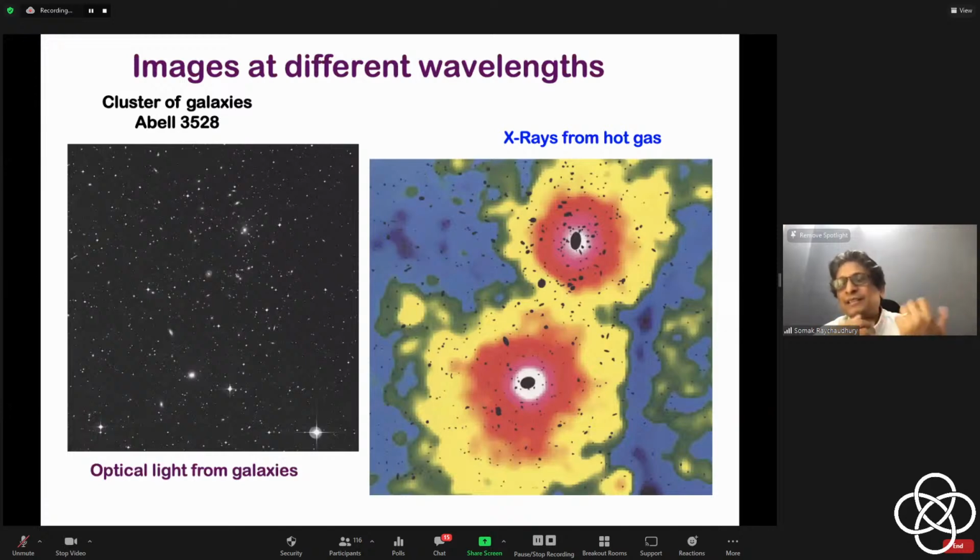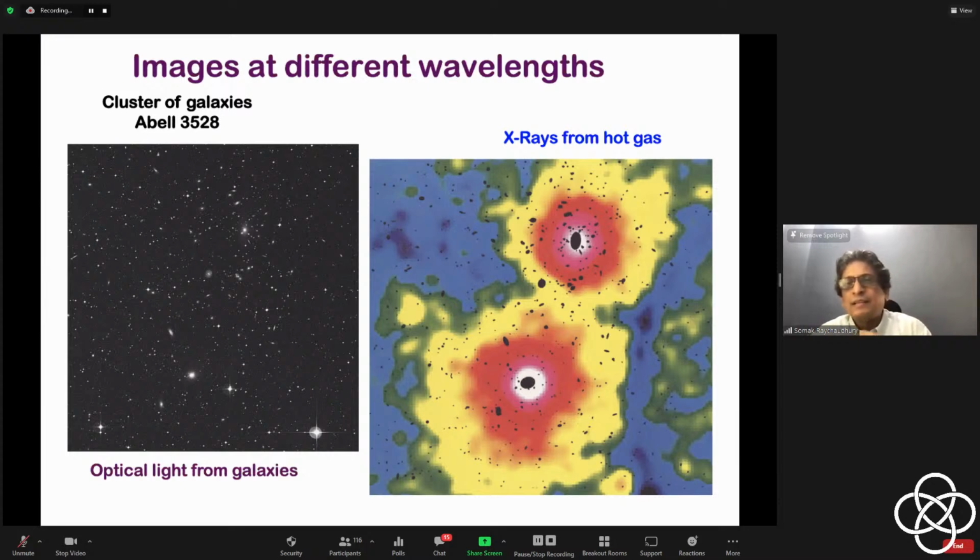If you then estimate the temperature from it by using 3/2 kT as a thermal measure of the kinetic energy, you expect the gas to be 10 to the power 7 degrees hot. This came much later after the discovery of X-rays.